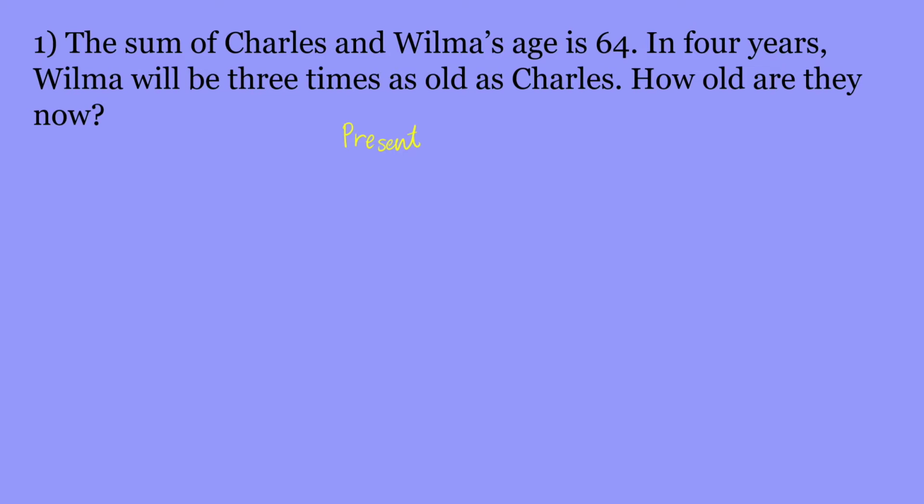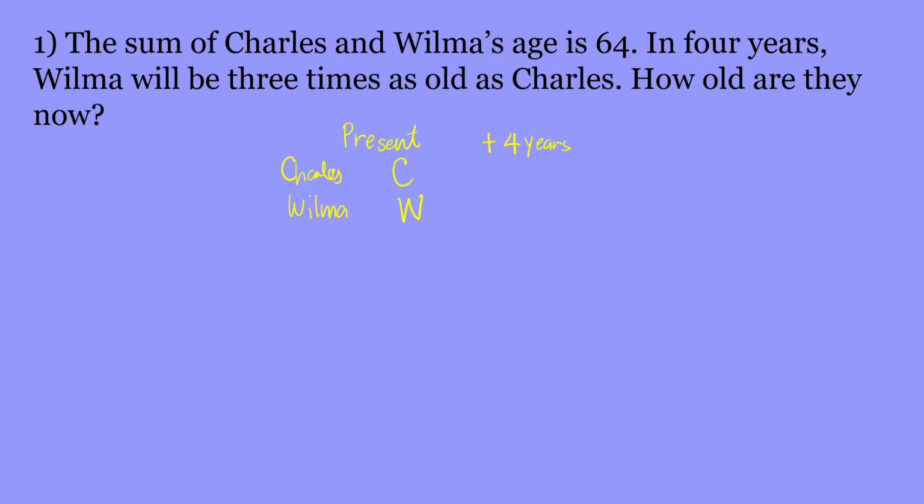Let us assign letter C for Charles and W for Wilma. Present age for Charles is C and W for Wilma. Now, in 4 years means added 4 years from now. So, that's plus 4 years from now.